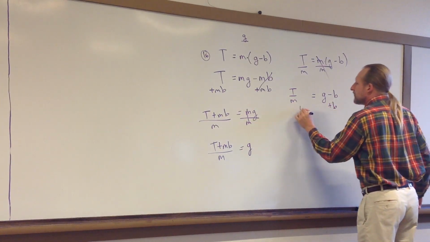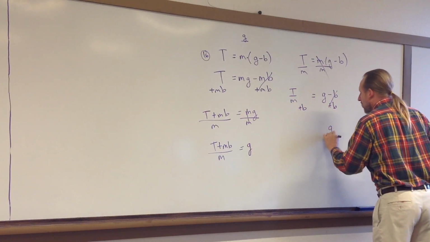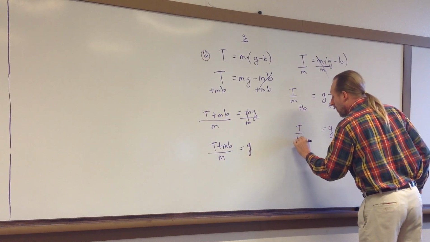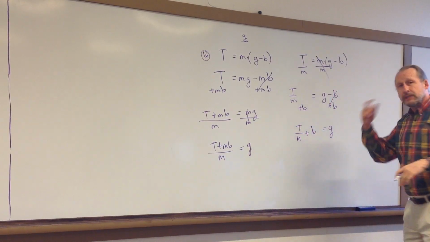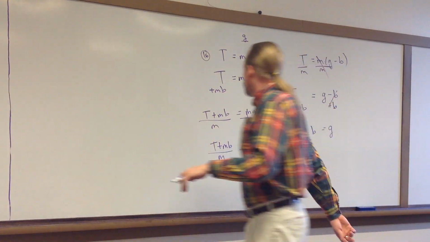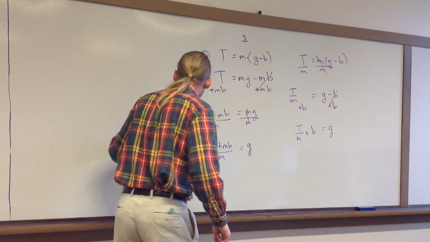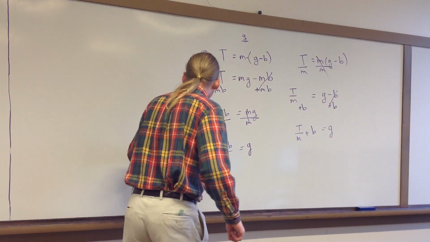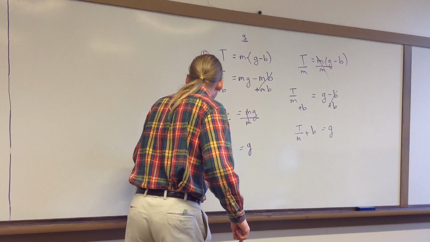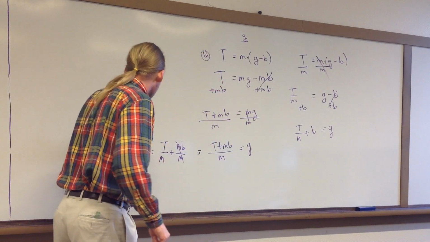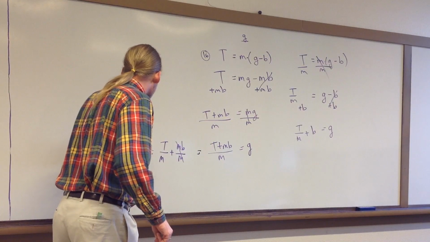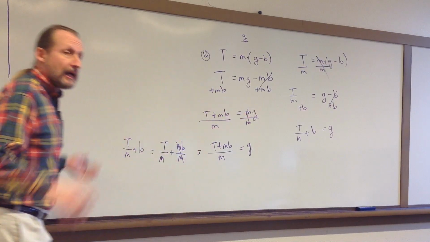And then all we have to do is add b on both sides. And notice how I was talking about how you can distribute division, right? This is t over m plus mb over m. Those cancel out. And so if you do that, you can see how these two answers are actually the same answer.